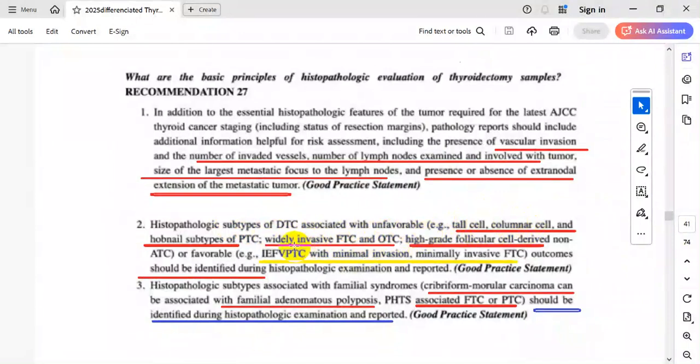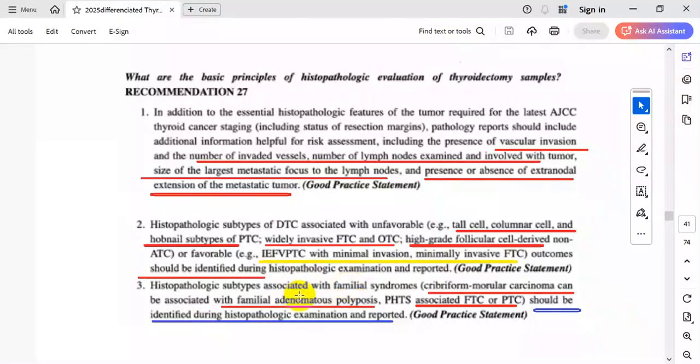Also widely invasive follicular thyroid cancer, oncocytic thyroid carcinoma, high grade follicular cell derived carcinoma, and anaplastic thyroid cancer are unfavorable, compared with low risk types, and should also be identified during the histopathological examination and reported.